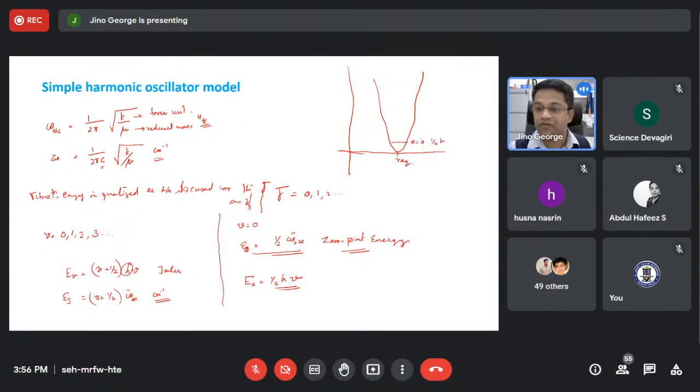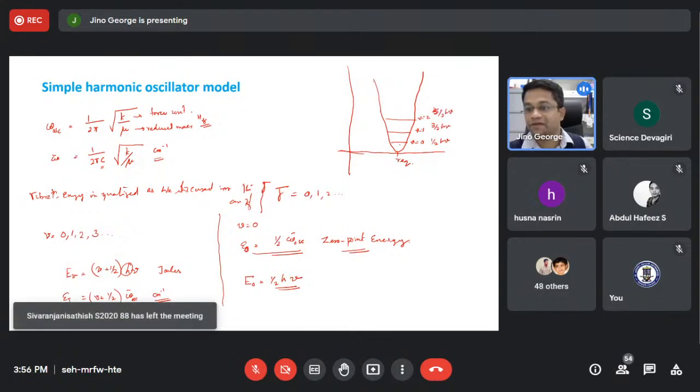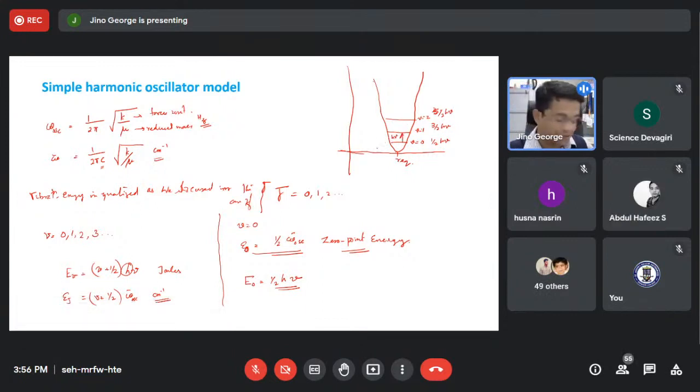This is half h nu. v is equal to 1 will be 3 by 2 h nu. v is equal to 2 goes to 5 by 2 h nu, and it goes on. This difference will be h nu. So that's how it is.